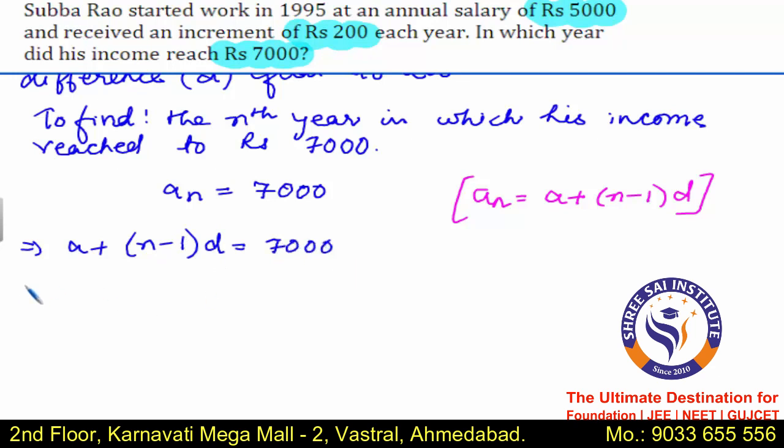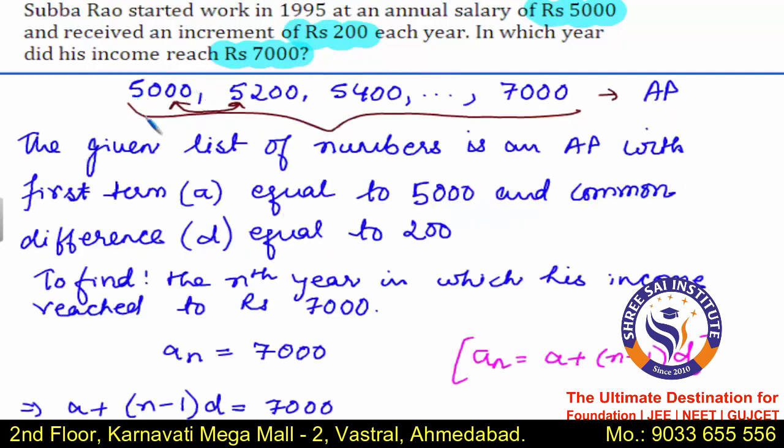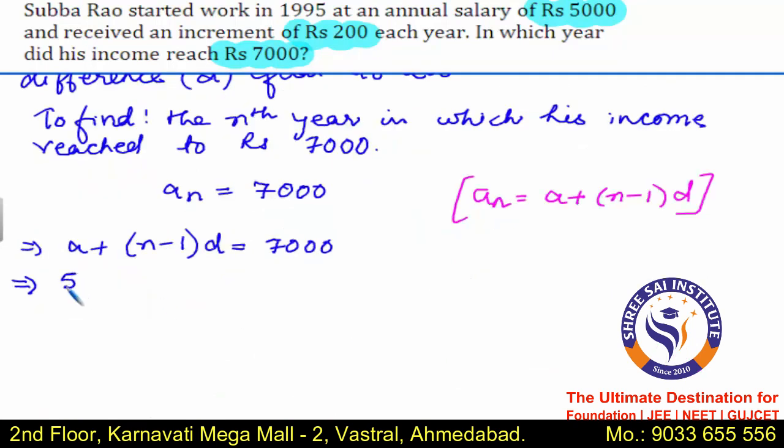Now, substituting the values of a and d, a is 5,000, plus n minus 1 into d, which is the common difference, is 200. So this is equal to 7,000.